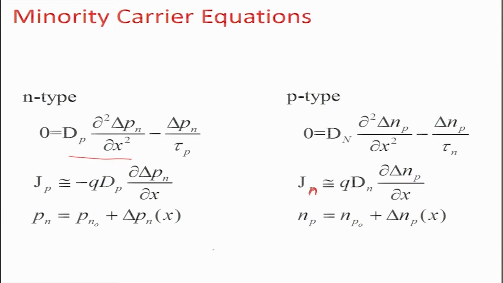So, of course, you can see here you have Jp drift equal to 0, and then generation is equal to 0. So, you do not have any generation of carriers because it is in dark. There are no carriers being generated, okay. But you will have recombination in the bulk because once the carriers go from p to n side or n to p side, they will recombine with the holes and electrons on the other side.